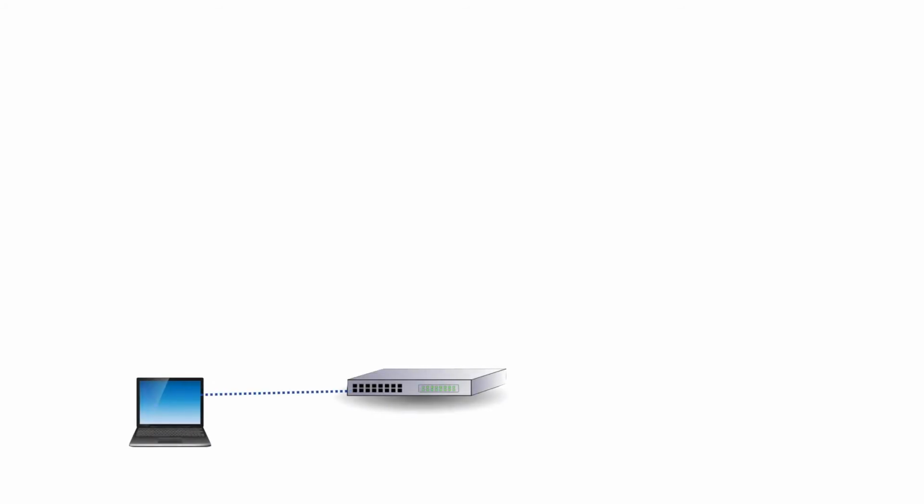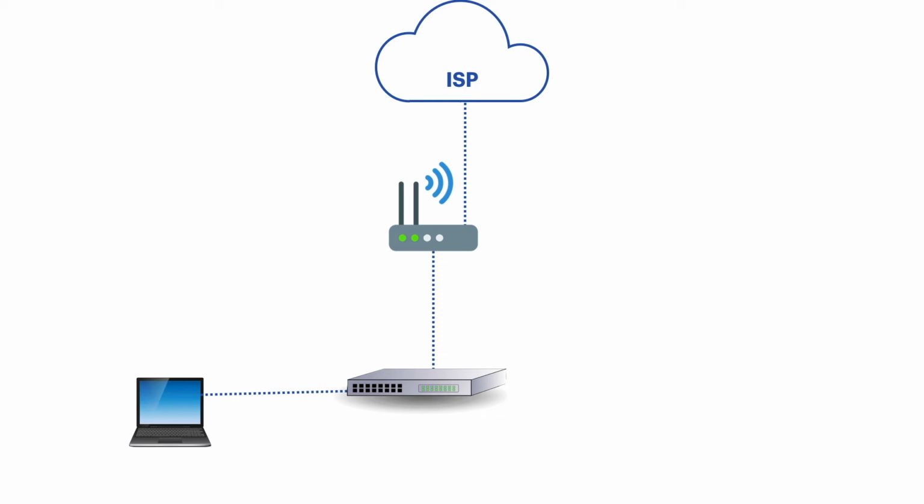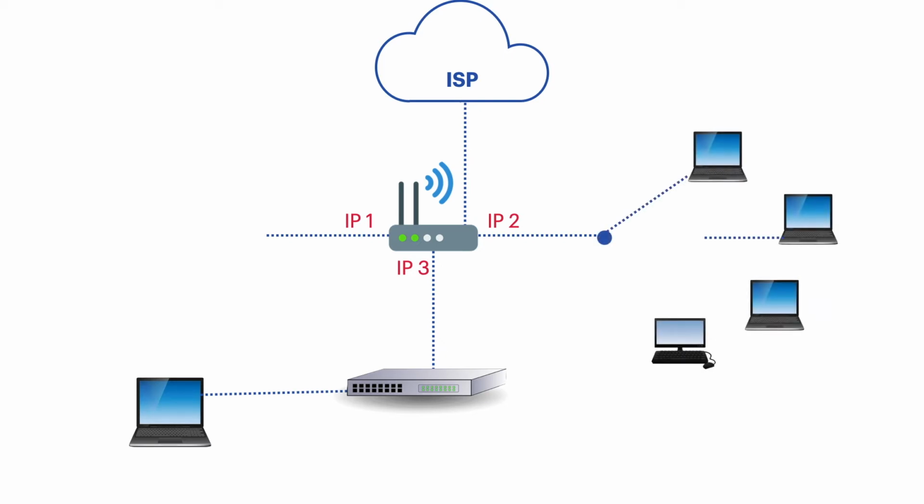Now, we can start with the DORA process in detail. Suppose your laptop is connected to a network switch and the switch is further connected to a network router. The network router is then connected to the internet service provider, so it provides access to the internet. A router has multiple interfaces and each interface has a different IP address. A group of hosts or computers connected to one interface forms one subnet.